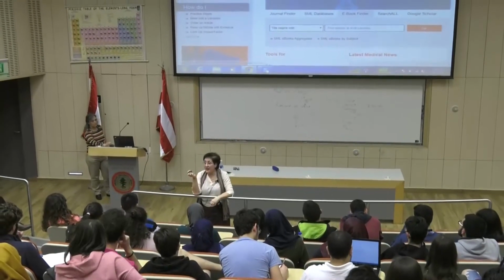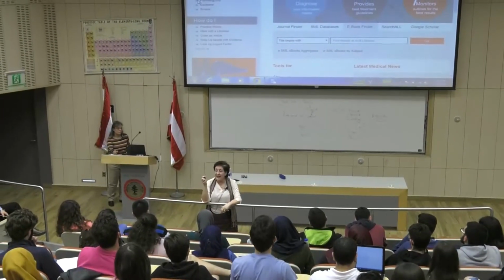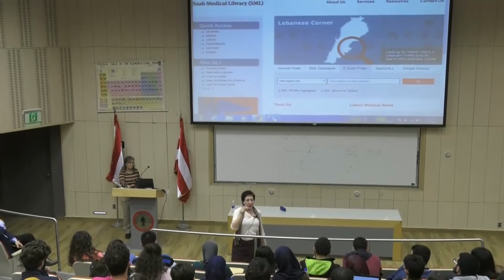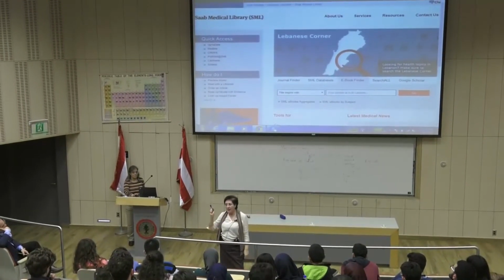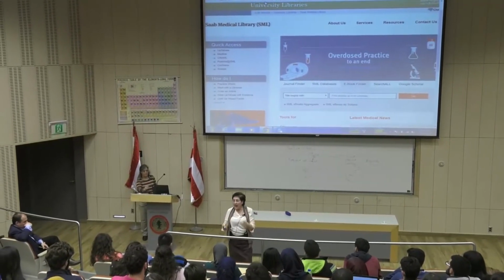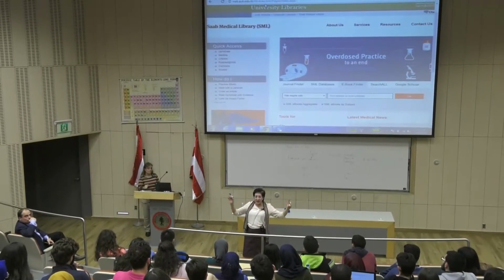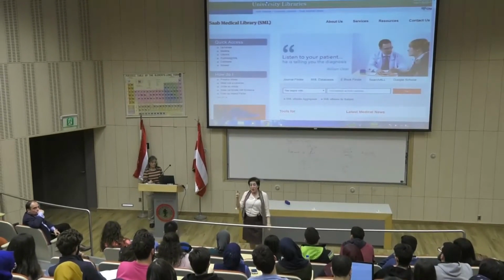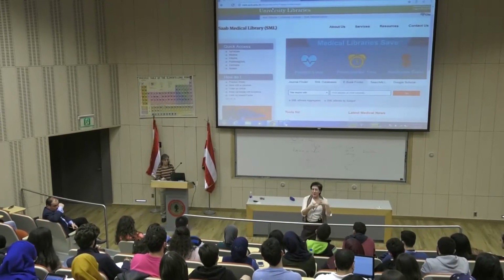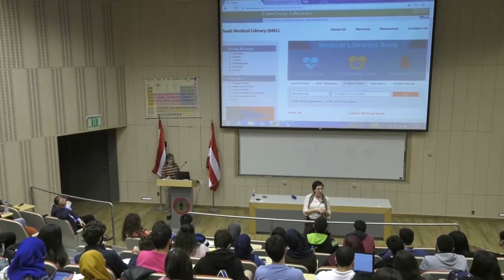MEDLINE will help me identify the MeSH provided I key in concept by concept. If I go to MEDLINE and I put nutrition disorders in Arab countries, there's no MeSH. It's many concepts. I have to cut my topic into concepts, search for each concept alone to get the MeSH, and then do the combination with the Boolean operators.